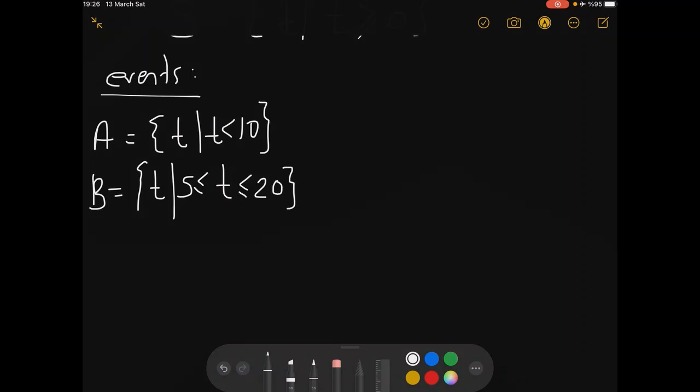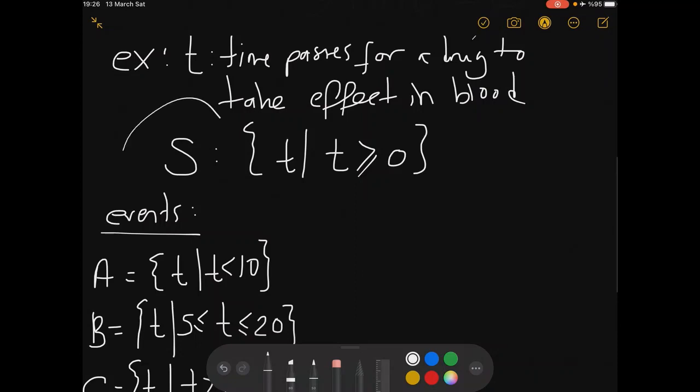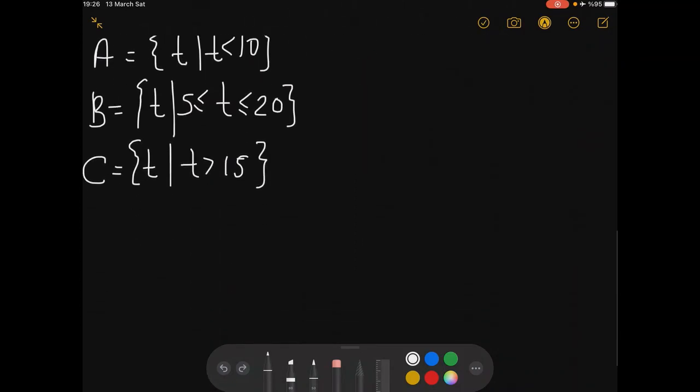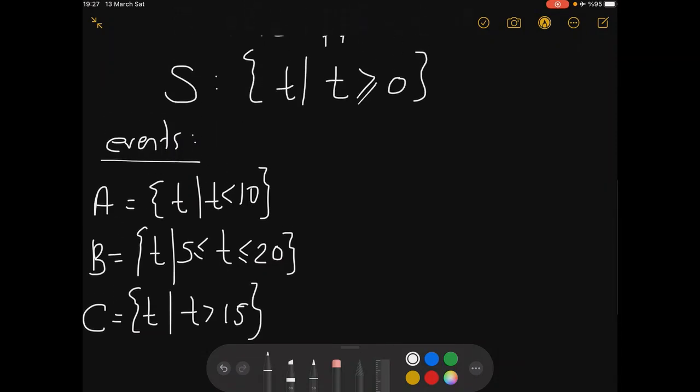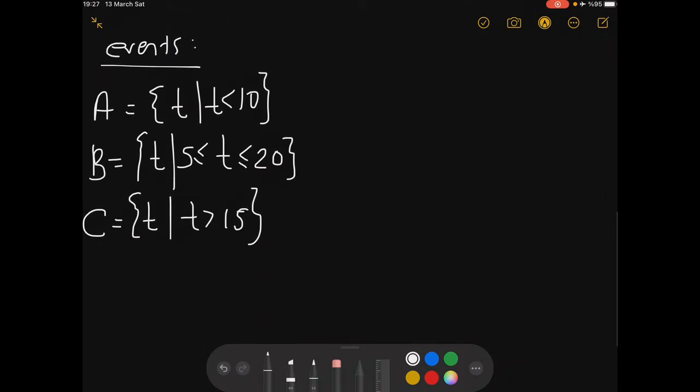This would be your possible event B. And let's define our last event as C, where you will have T such that T is larger than 15, for example. Now we have 3 events in that particular sample space. Okay, now let's play with them together. I will use this space efficiently.